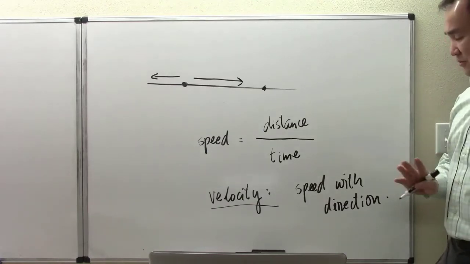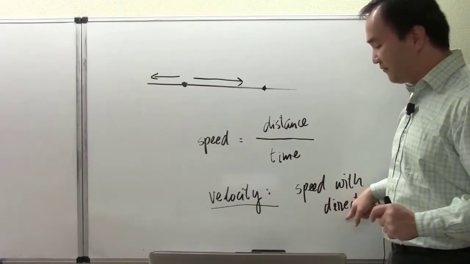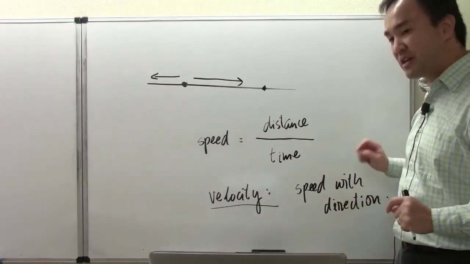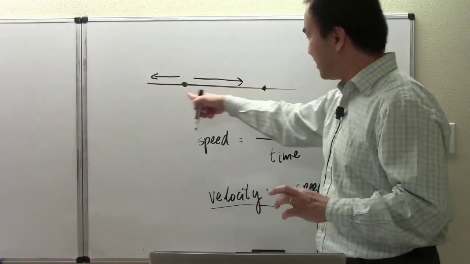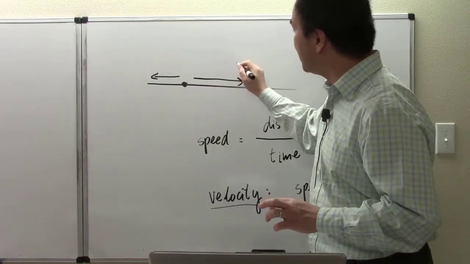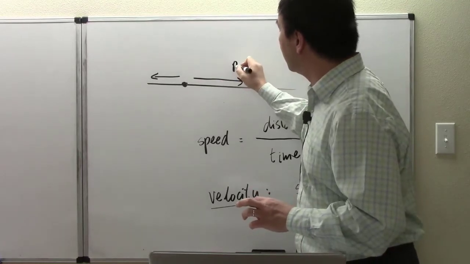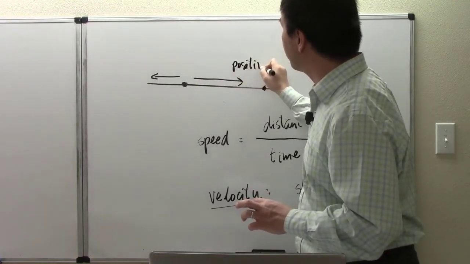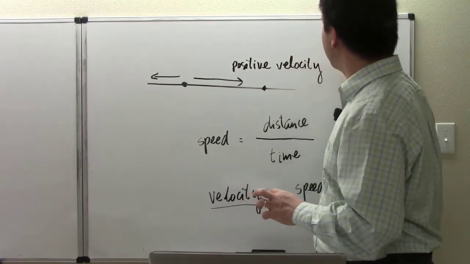To keep it simple, velocity truly is speed, but it has direction being part of it. We can go at some speed in this direction, and we call that positive. If this way is going forward, then we're looking at a positive velocity to go that way.